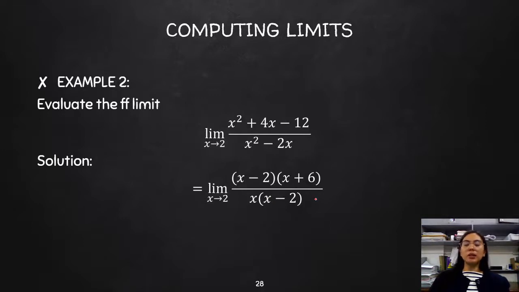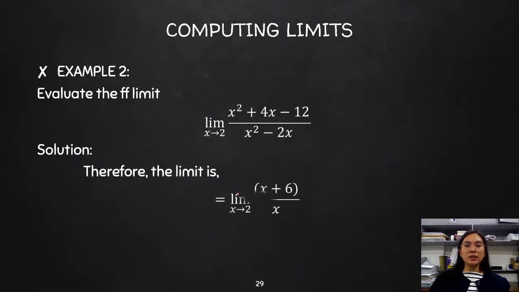So, dito nyo makikita yung importance po ng very good knowledge in your algebra. Such that, if you take a look, you could actually cancel x minus 2 and x minus 2 in the numerator and the denominator, leaving you with this particular simplified function. So you have the limit of x plus 6 divided by x as x approaches 2.